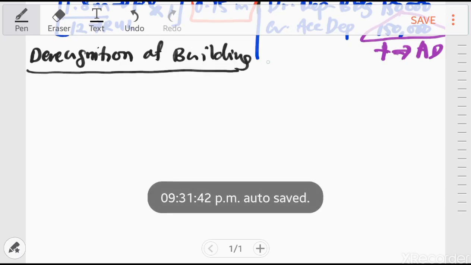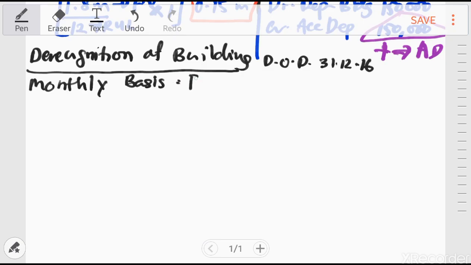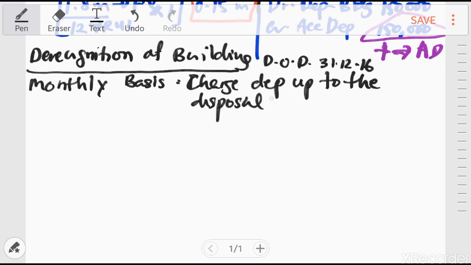As I told you, it happens on 31st of December 16. Remember, let me remind you that it is monthly basis. This is very important because you are going to charge depreciation still, as I said, up to the disposal date. So meaning that there is still depreciation in the year of disposal. Okay.